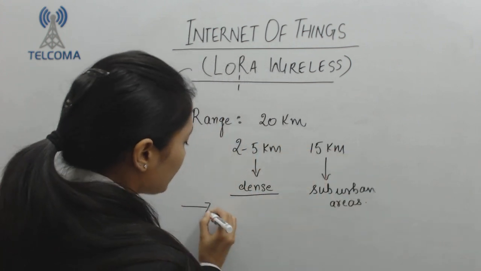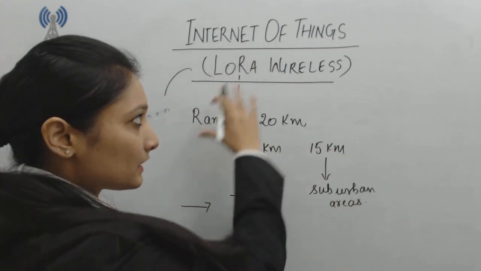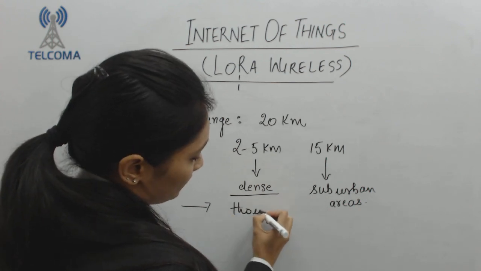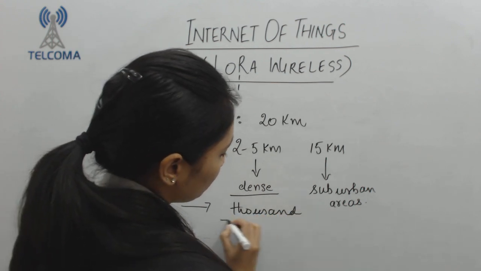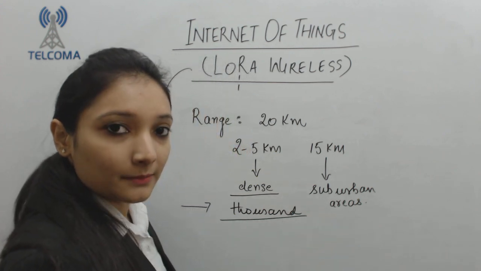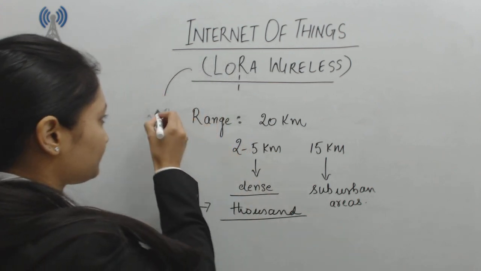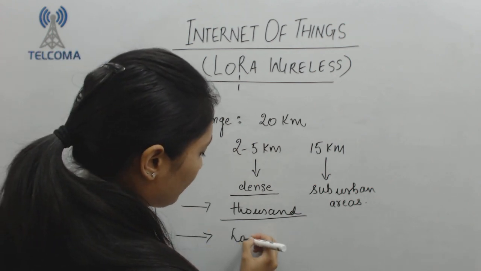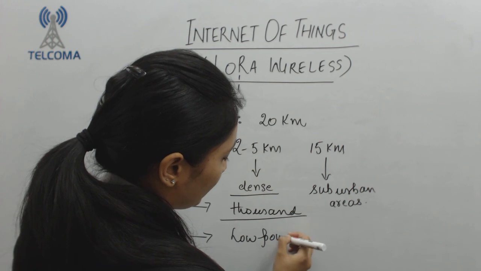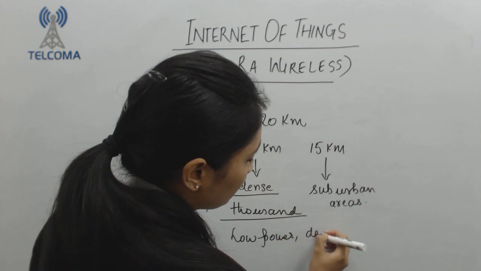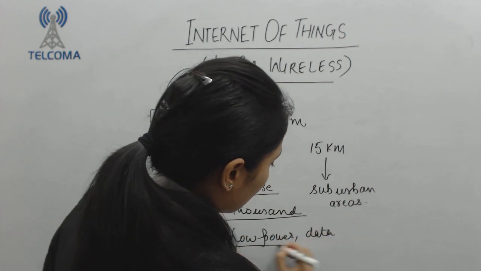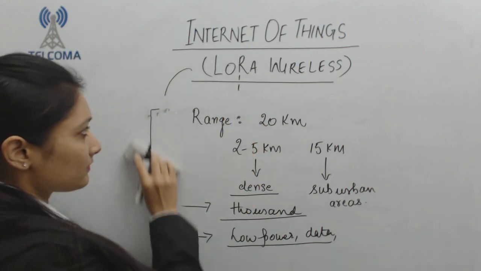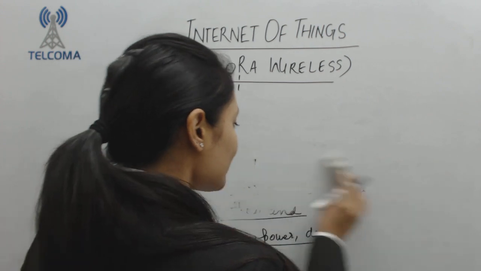After that, thousands of nodes can be connected to this network. Again, low power and low data rate.